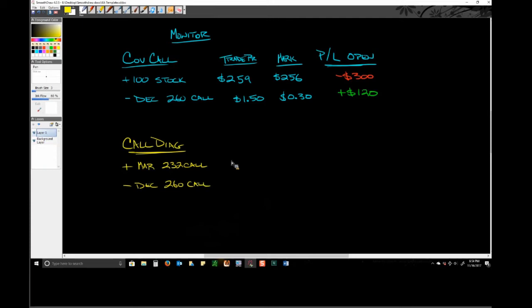Same columns: we paid 28 bucks for this, and we received, let's say, $1.50 for this. Let's say the stock goes down. Your long call option drops to $26 and the short call drops in value to 30 cents. So you would be down 200 bucks on the long call and up 120 on the short call. Your net loss would be down 80.